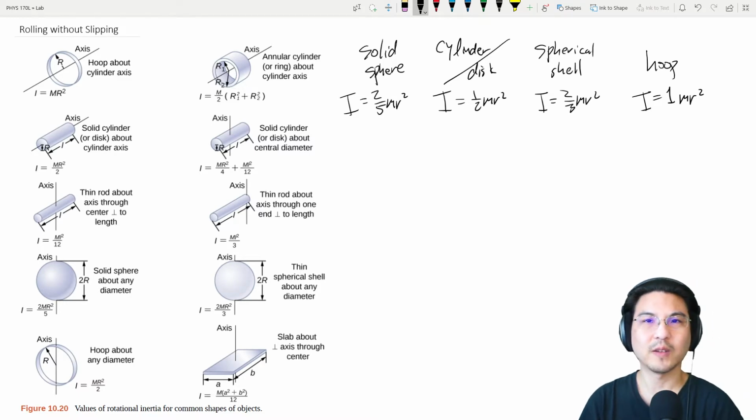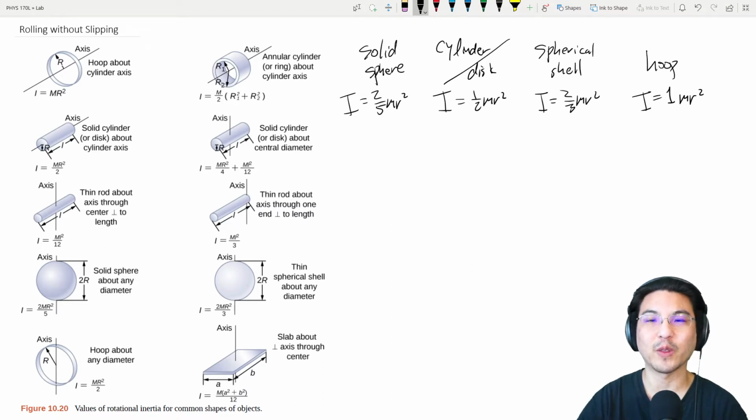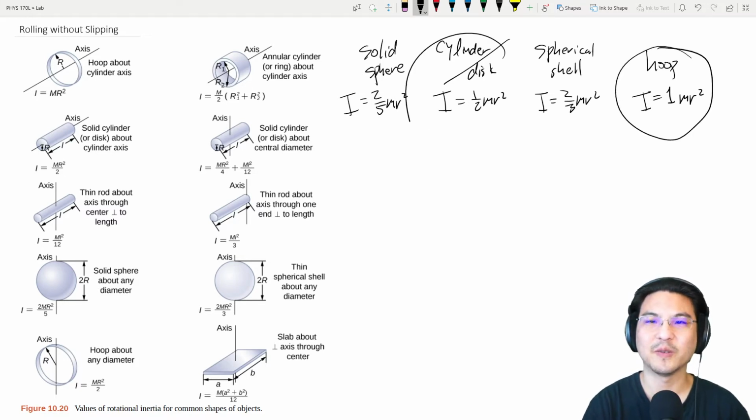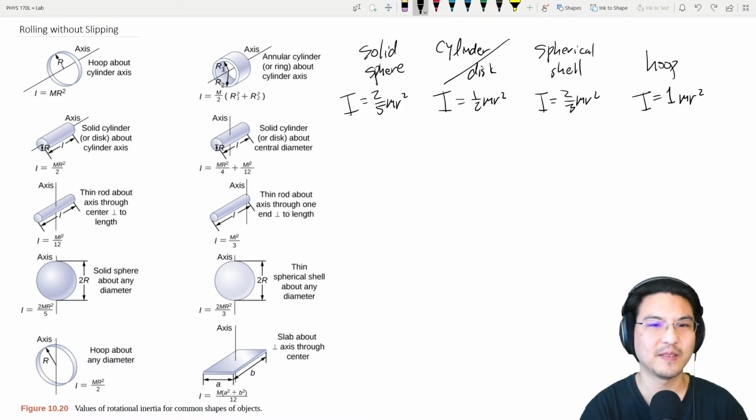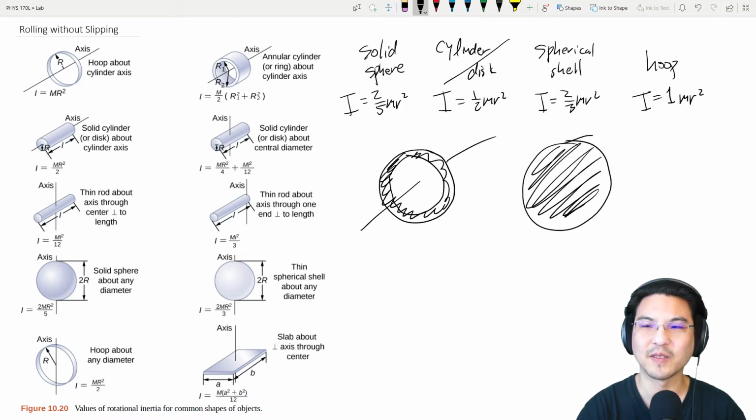Okay, so conceptually, the moment of inertia is larger when more of the mass is distributed farther away from the axis of rotation. So if you compare a hoop to a solid disk, let's say a hoop like this, rotating about its central axis, compared to a solid disk, let's say that's like this.